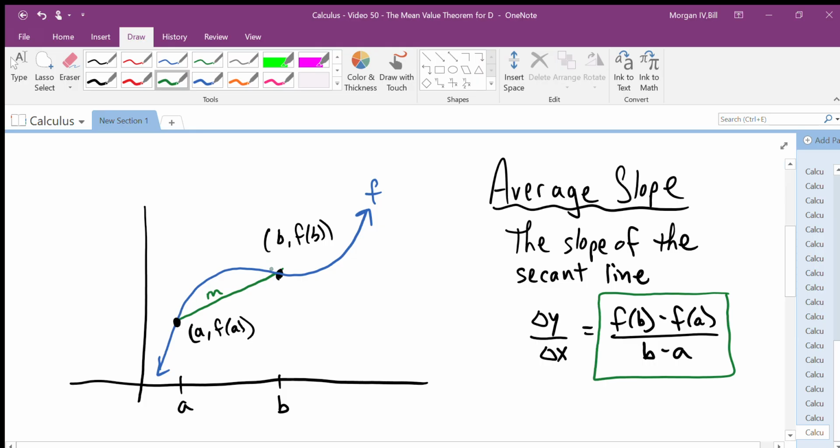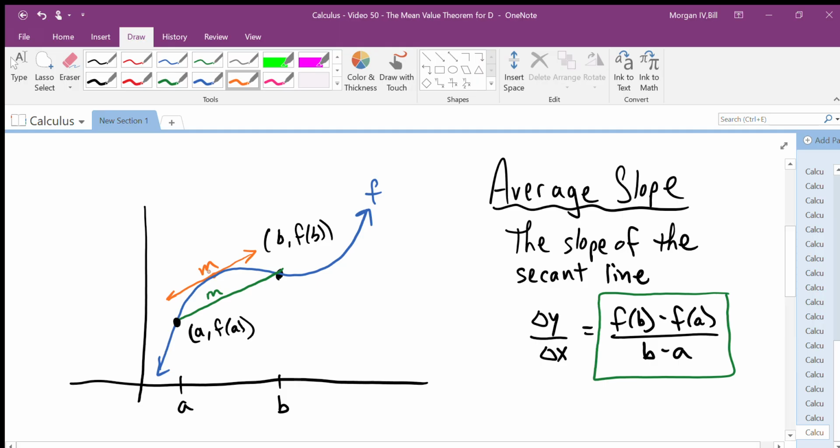That average slope that we found, the slope of the green secant line, there will be a point somewhere in between where the slope of the tangent line and the slope of the secant line will be the same. And in fact, there will be at least one point at which this happens, right?